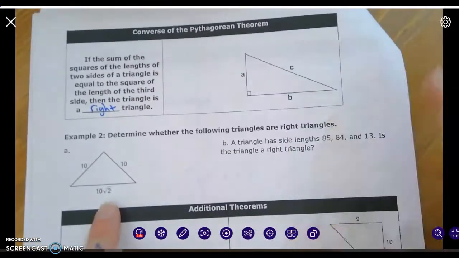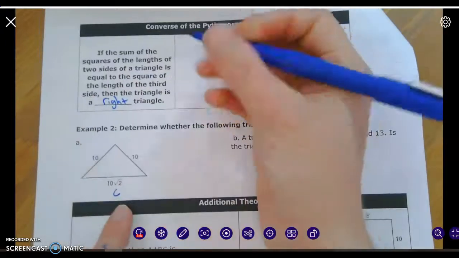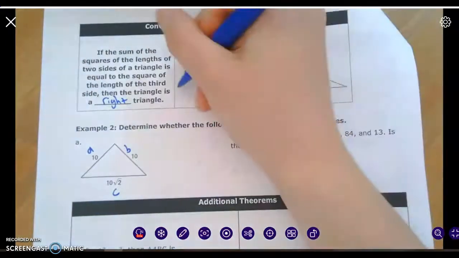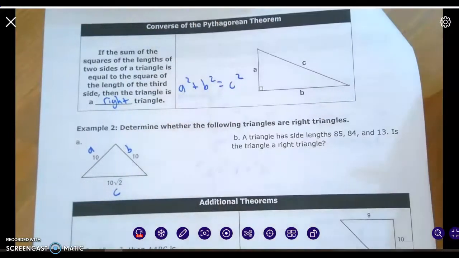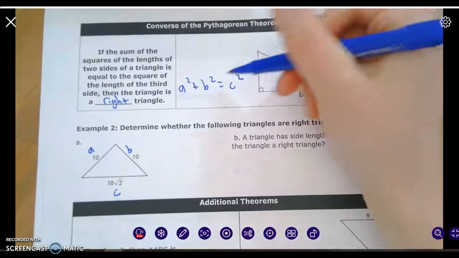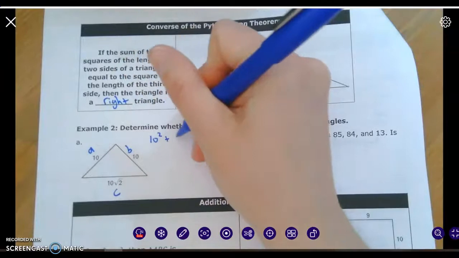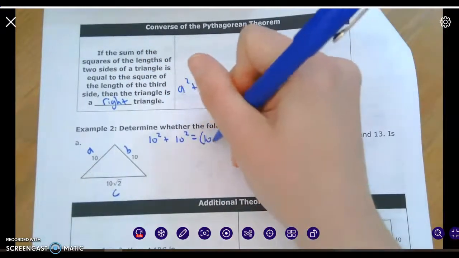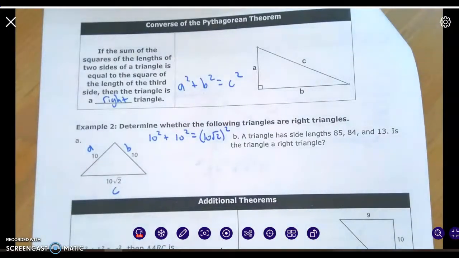So if we look at example 2, I'm going to label the longest side C and then the other two sides A and B. So we're still going to plug those into the Pythagorean theorem, but we're just checking if they're equal or not. So we're going to take 10 squared plus 10 squared, and then also take the 10 root 2 squared, and check if those are equal.